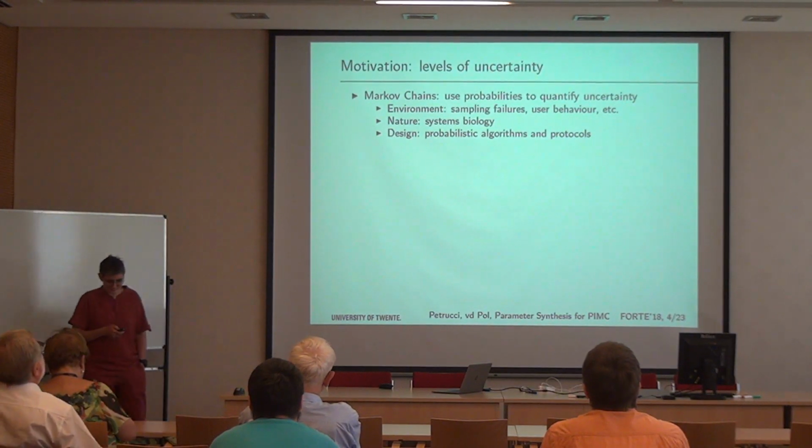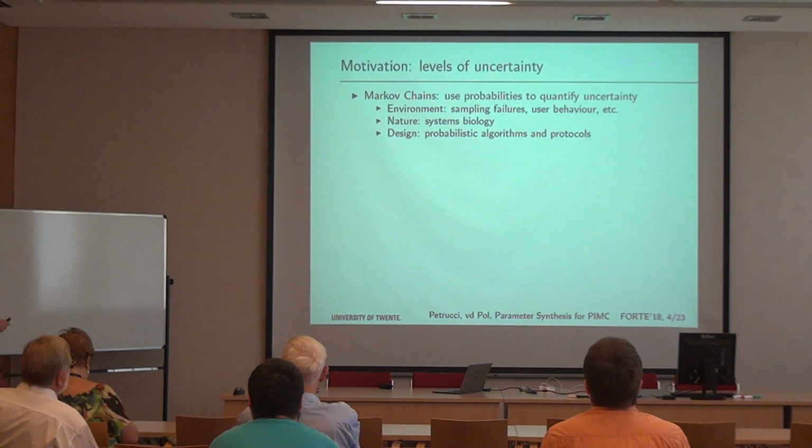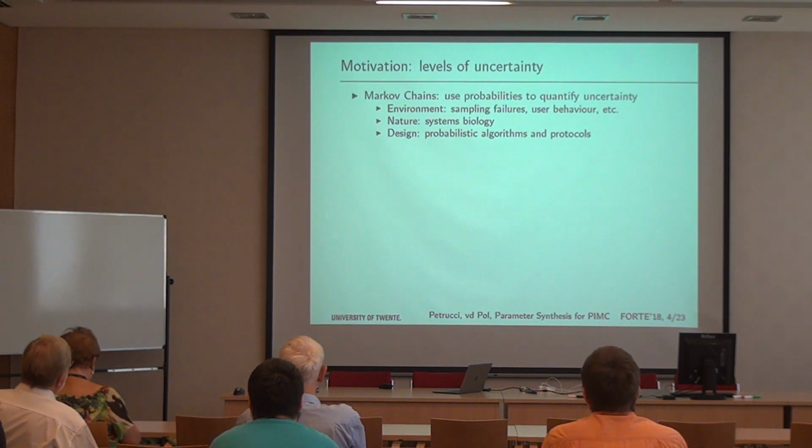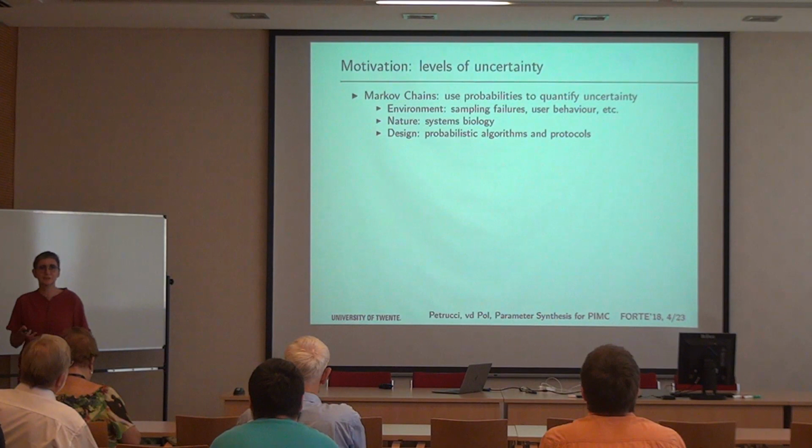There are levels of uncertainty in Markov chains because you use probabilities to quantify this uncertainty, and that allows for modeling different kinds of systems, such as sampling failures, or user behavior, which is due to the environment, who interacts with the system.